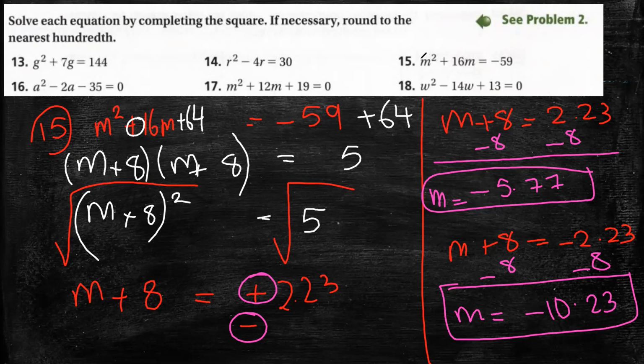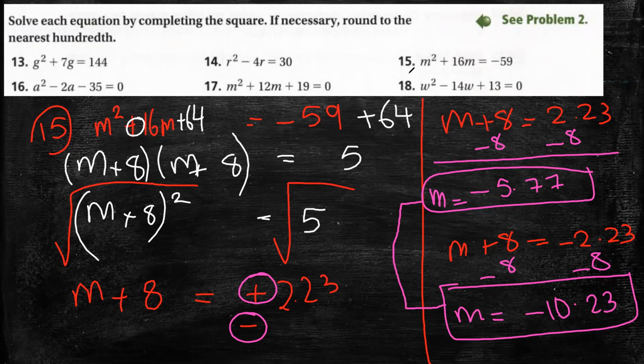Is it clear? Yes. Okay. So teacher, the final answer is negative 10.23 and negative 5.77.